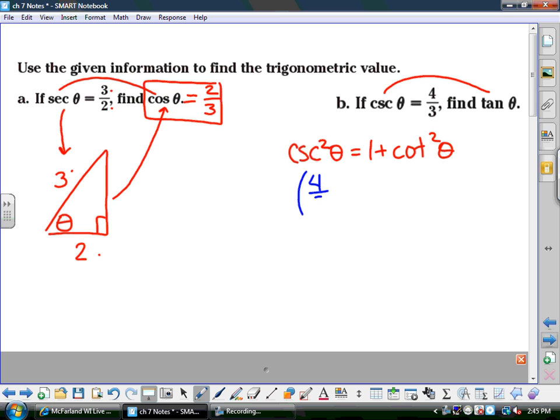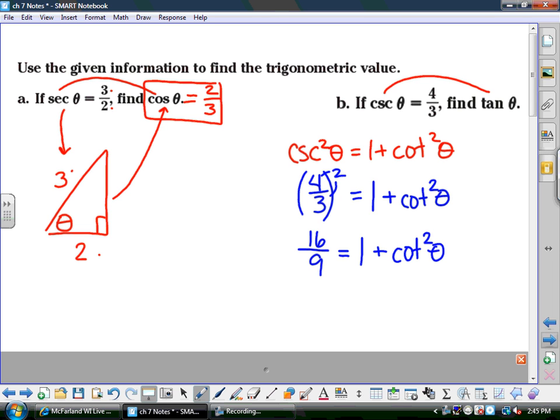Cosecant is 4/3, so cosecant squared is 4/3 squared, and that equals 1 plus the cotangent squared. Squaring the fraction gives us 16 over 9 equals 1 plus cotangent squared.